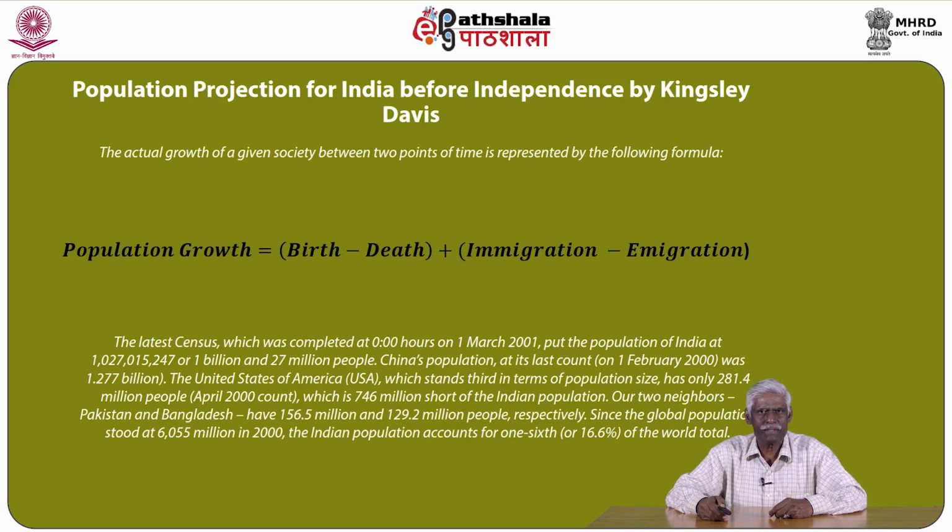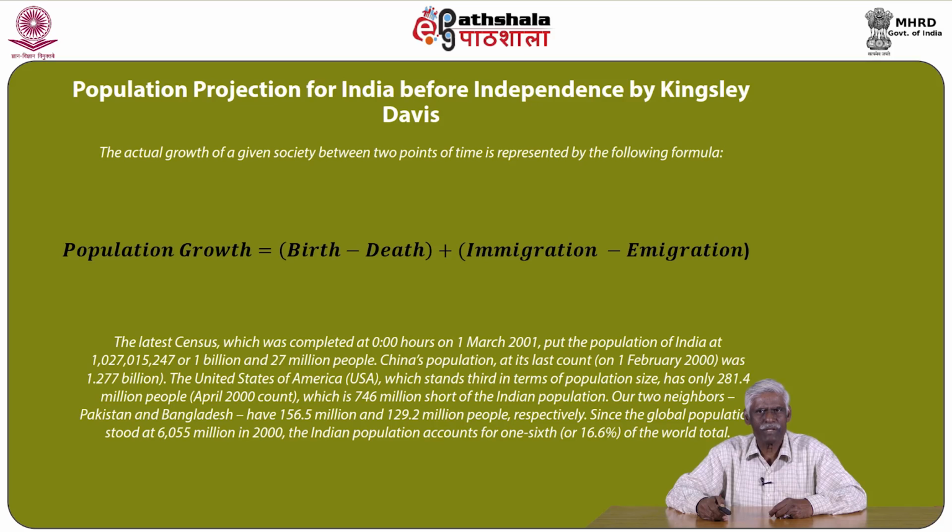The latest census, completed on 1st March 2001 and subsequently in 2011, put the population data in terms of its size. When we compare with China, India scores second in rank in the entire world.